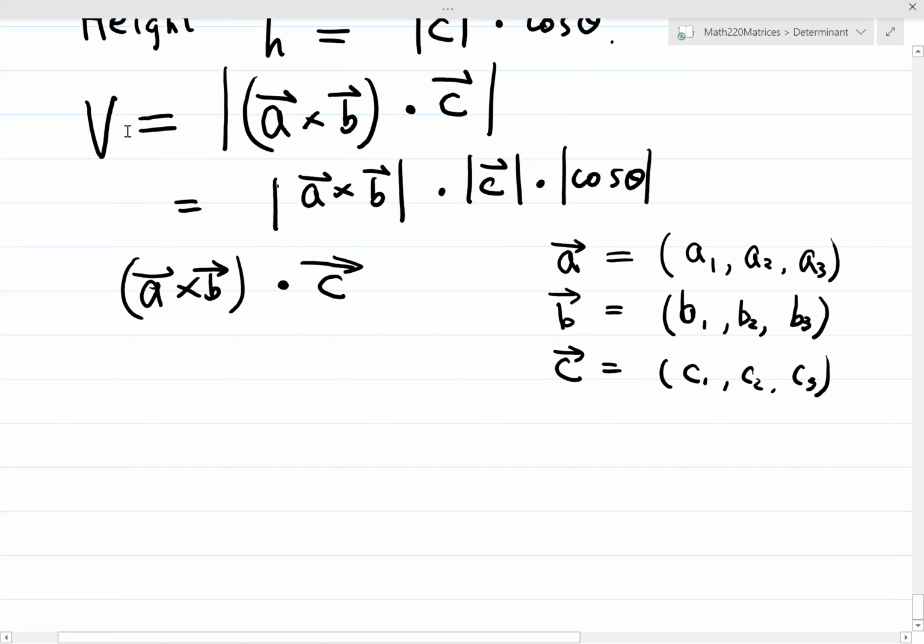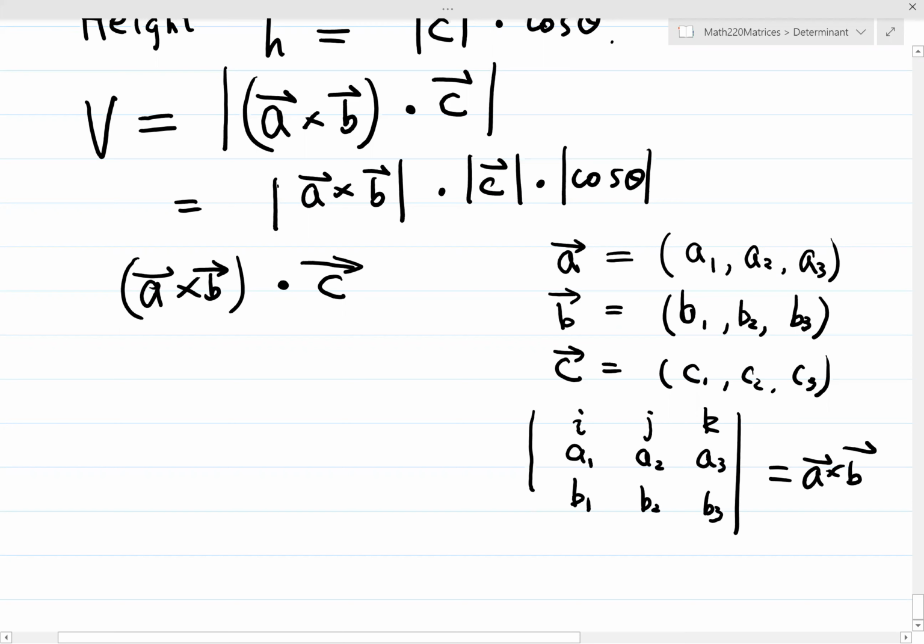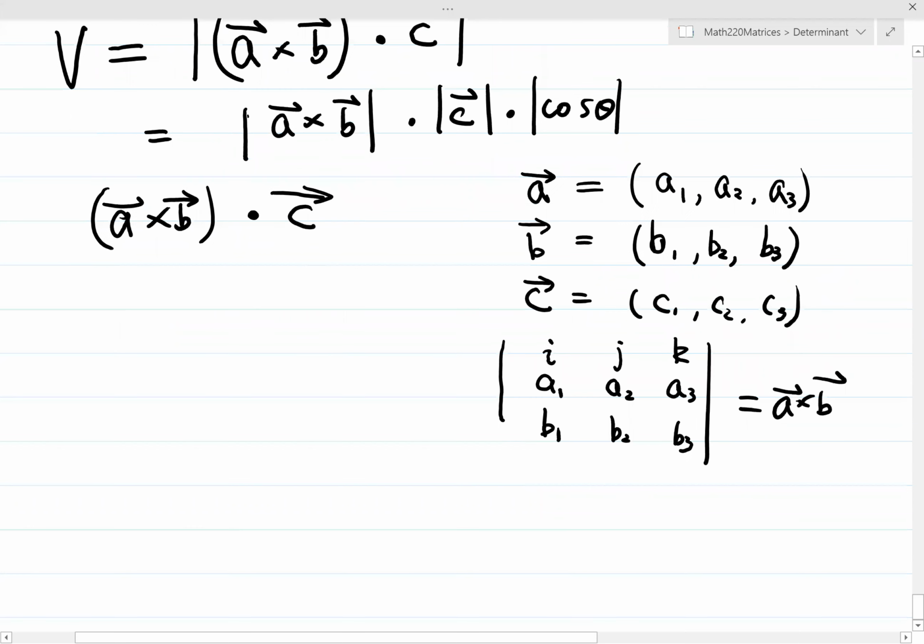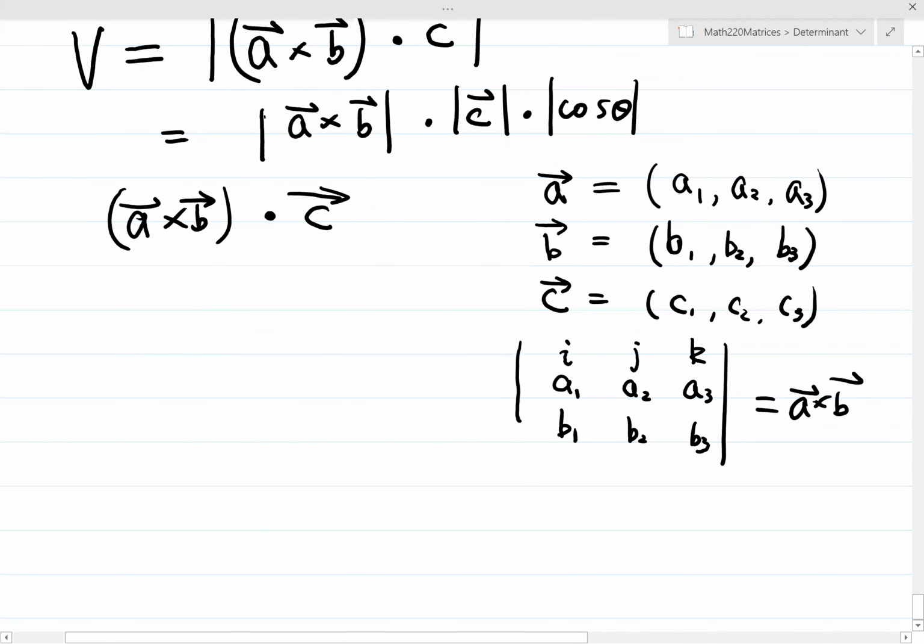The cross product A cross B will be the determinant with rows I, J, K; A1, A2, A3; B1, B2, B3. So this is A cross B.